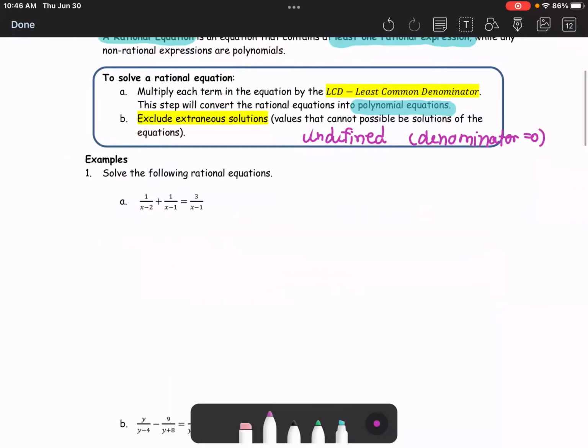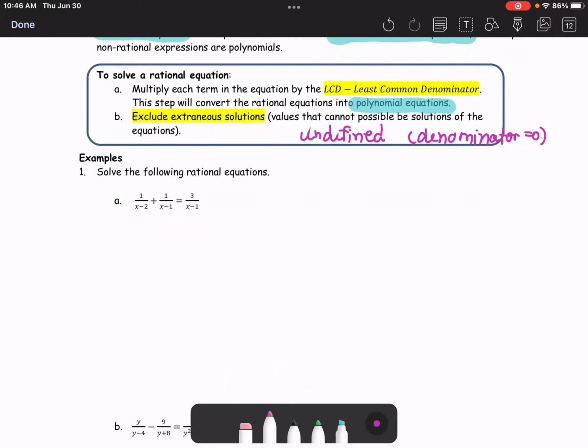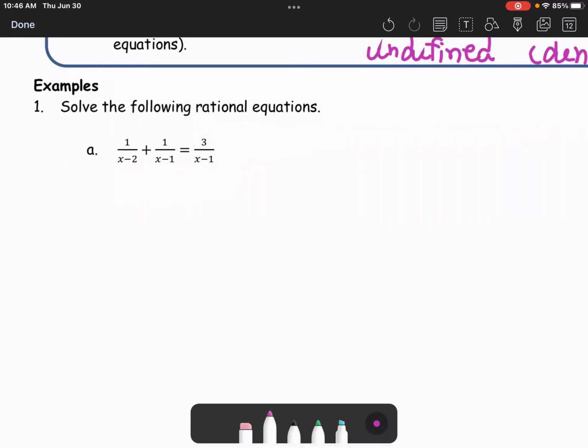The first example, number 1, solve the following rational equations. In part A, we have on the left-hand side the rational terms 1 over the quantity x minus 2 added to 1 over the quantity x minus 1, equals 3 over x minus 1. Since the denominator cannot be 0, we set aside the extraneous solutions, the values where the terms are undefined.